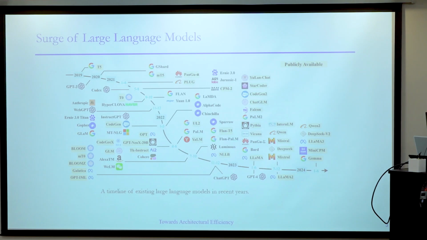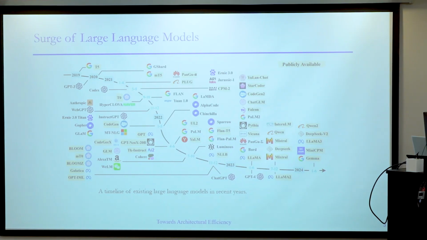And also, besides the academic interest, many industry companies also spend a lot of effort on large language models. You can see from this figure, there are many large language models released by these companies like Google, Meta, and some other companies.